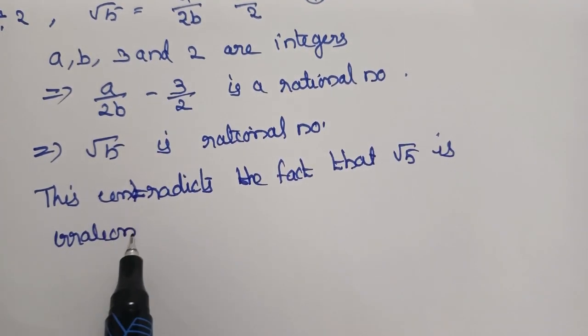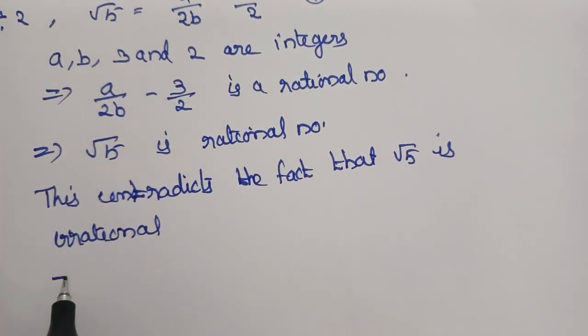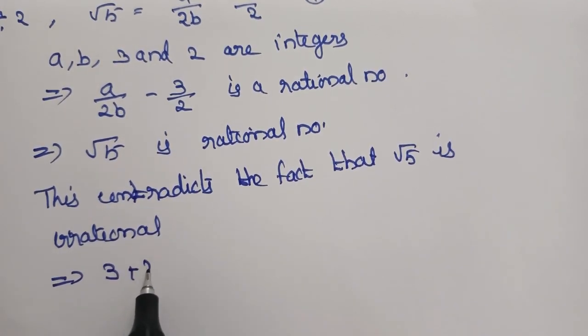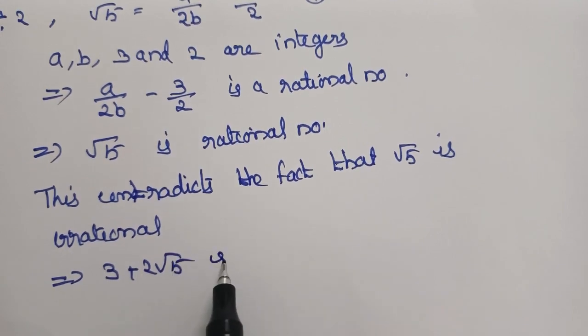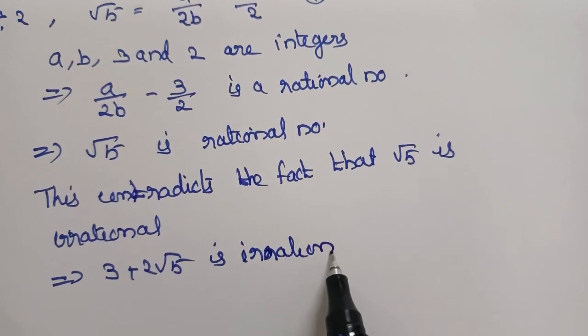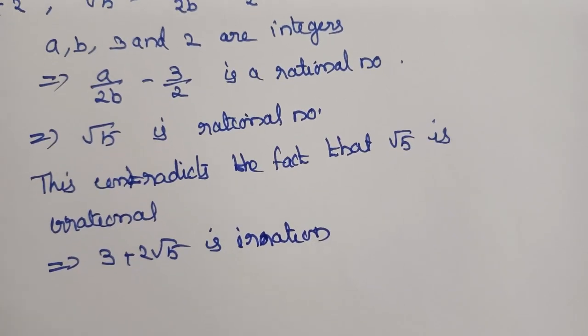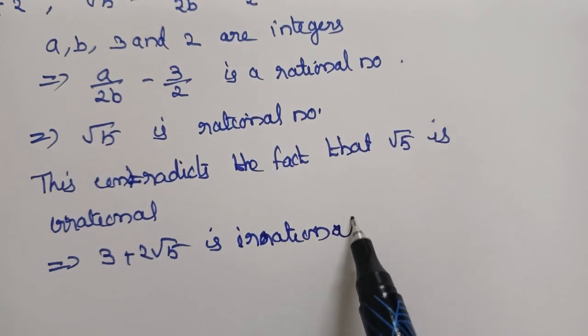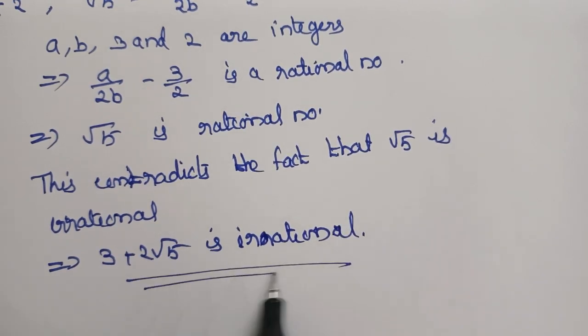That is, our supposition is wrong. Our supposition was that 3 plus 2 root 5 is rational, but here we get a contradiction. Therefore, 3 plus 2 root 5 is irrational.